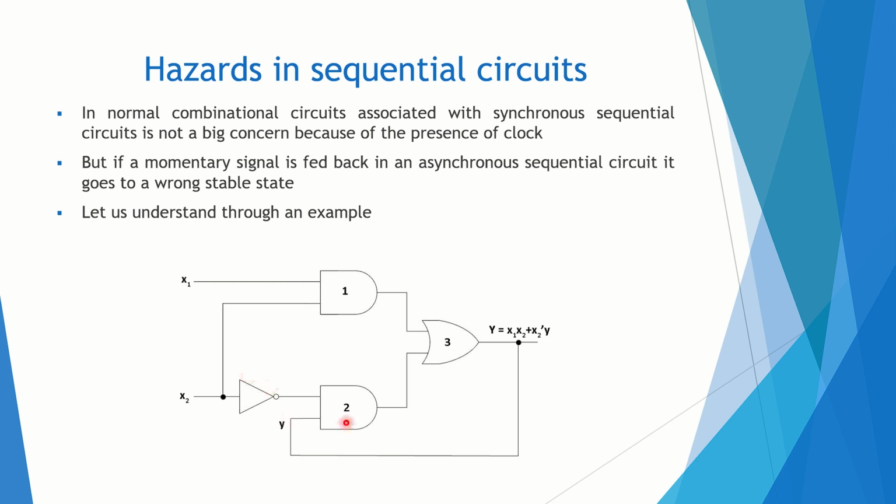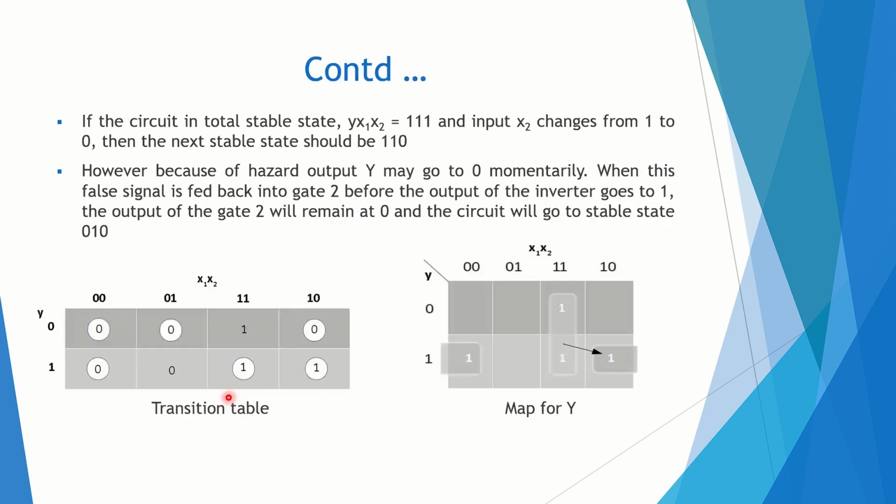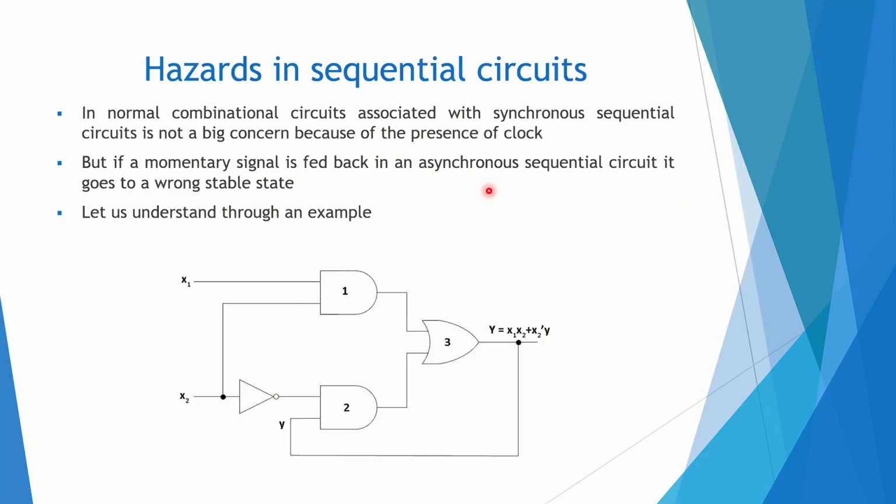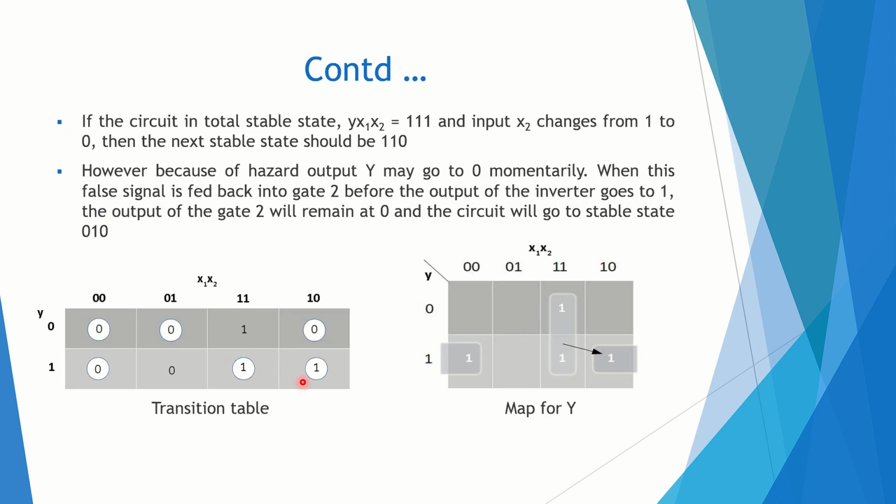You can see this is at 1 and this is fed back to gate number 2. So when x2 changes from 1 to 0, because it is 1 here, it should remain at this state. Then the next stable state should be 1 1 0.